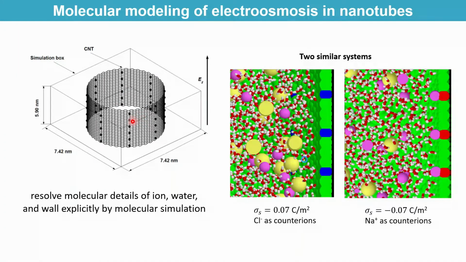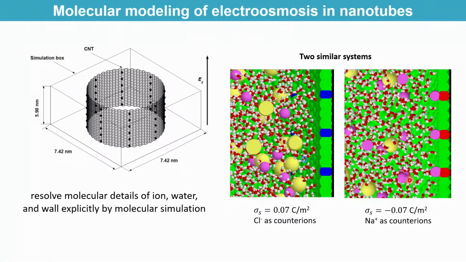It could be either negative or positive depending on the charge that we put on these black dots. Next we put sodium chloride solution into the nanotube, and the end results are shown in the two figures here. On the left, we have a surface charge density of about 0.07 coulomb per meter squared with chloride as the counterion. On the right hand side, we have the opposite surface charge density, with sodium ion as the counterion.